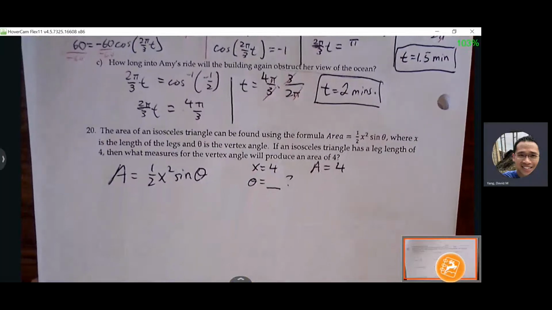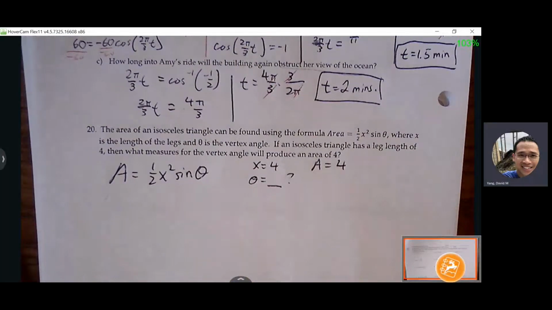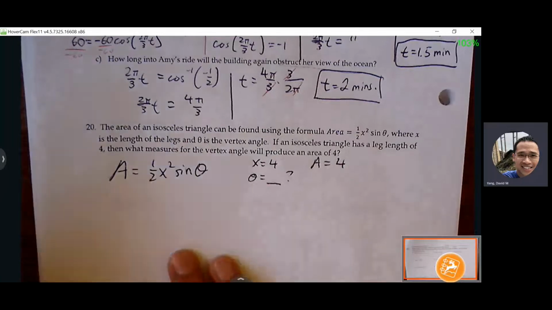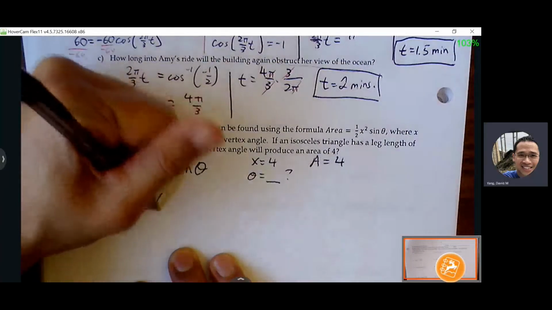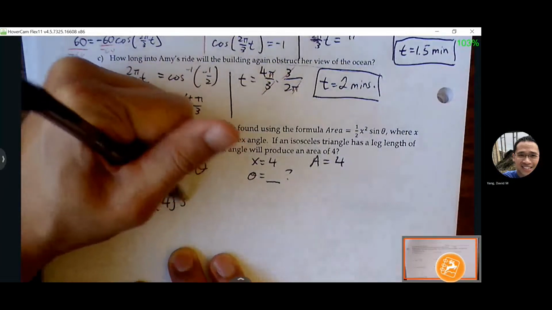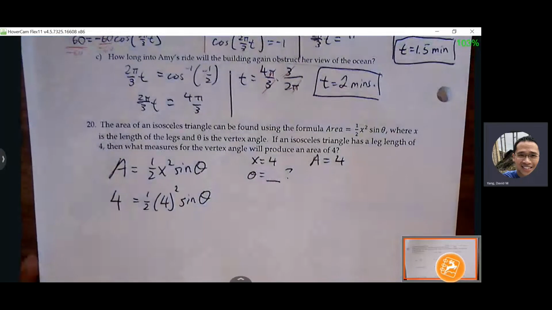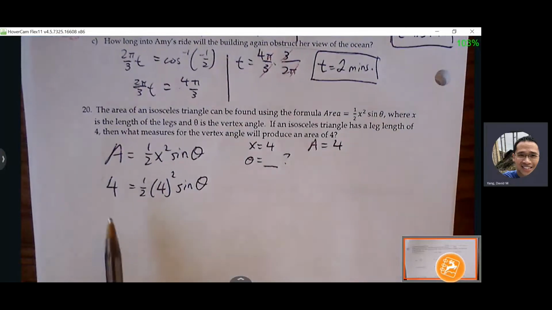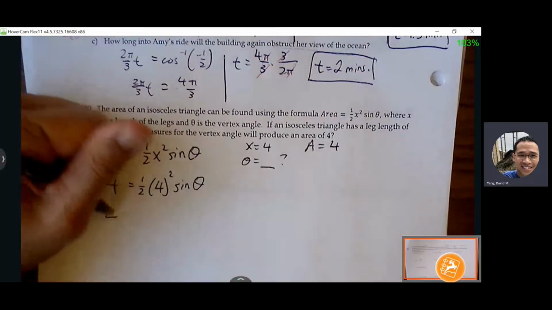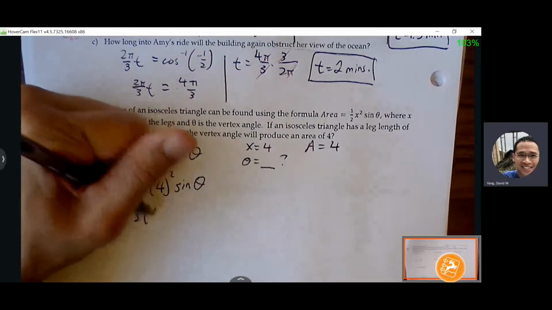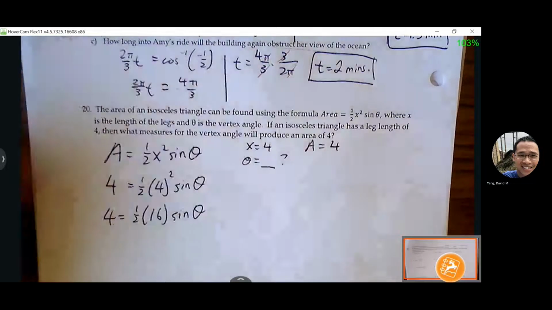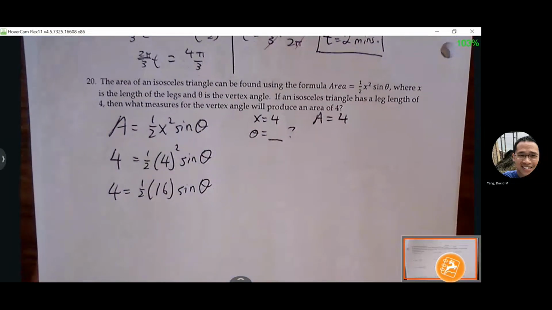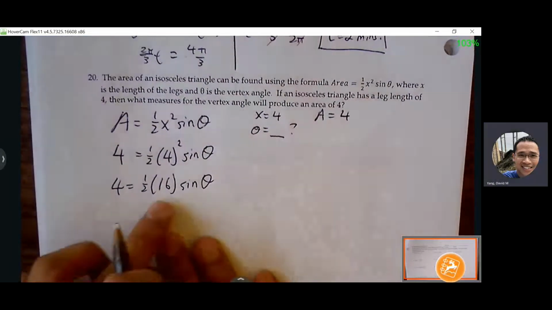So we'll start filling in our equation and see how inverse can help us solve for theta. Replace A with 4, replace x with 4, and then we'll see where this takes us. 4 equals 1/2 times 16, because 16 is 4 squared. 16 times 1/2, or 16 divided by 2, is 8.